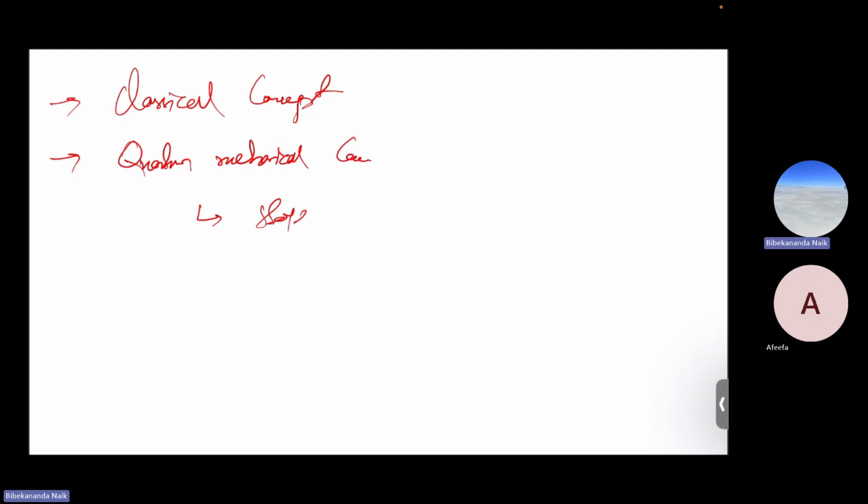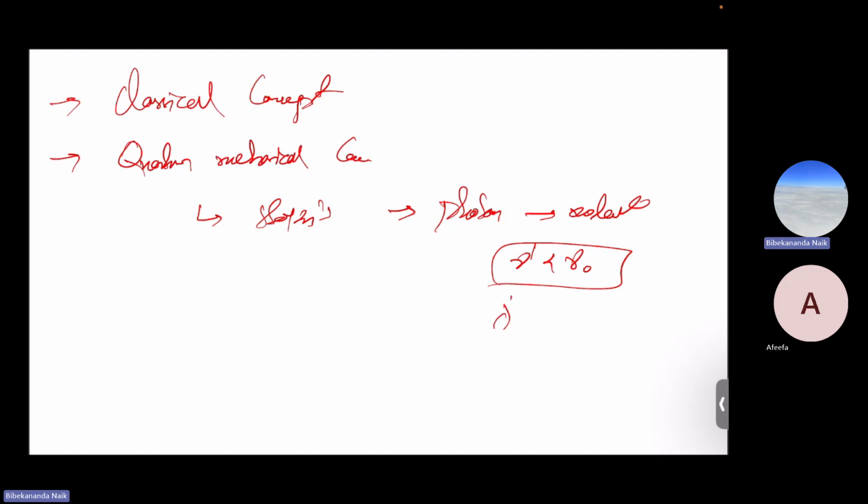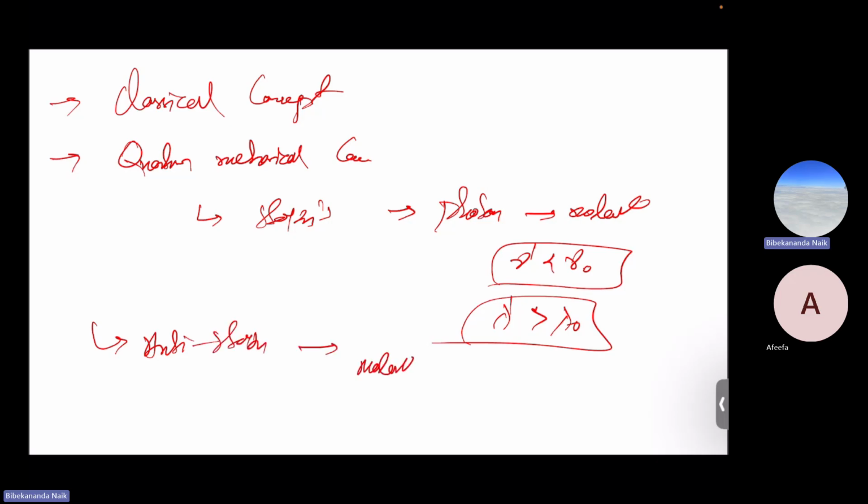In case of Stokes line, the energy gets transferred from photon to the molecule, so the frequency of the scattered light is less than the frequency of the original light. But in case of anti-Stokes, energy gets transferred from molecules to photons, so the frequency is more than the incident frequency.